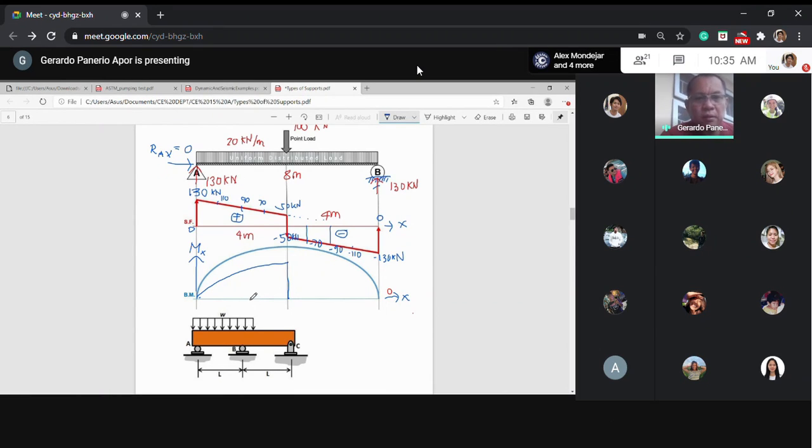Okay. So, let us consider this area 1 and area 2. If I'm going to ask you, which one is bigger, area 1 or area 2? Area 1, sir. Okay, so if I'm going to divide this, this one represents area 1, which is bigger. Okay, that's area 1, that's why it's bigger.